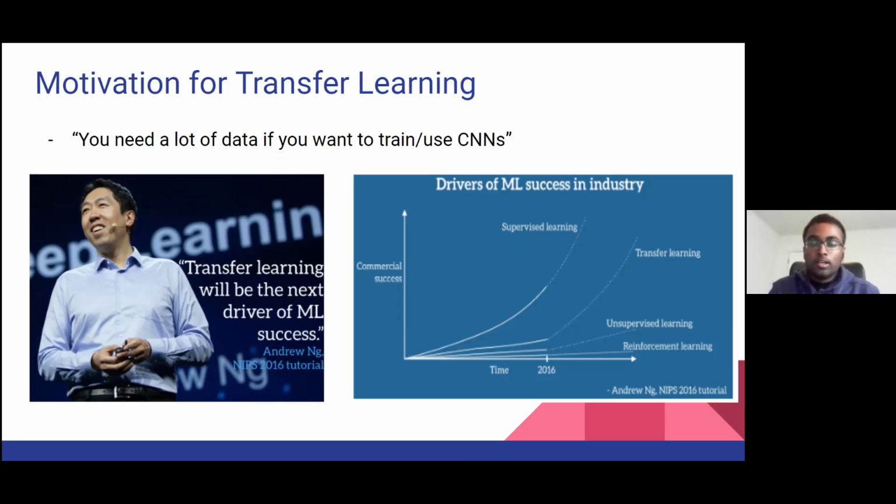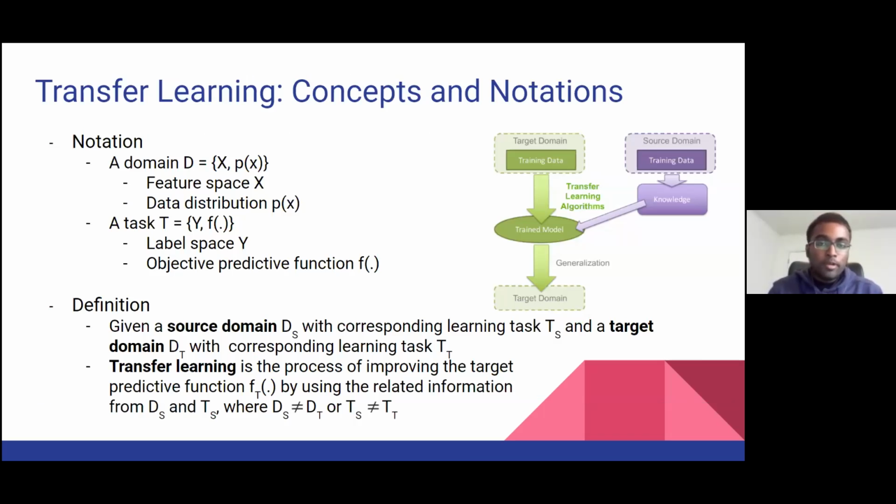So when a model is trained on one data set and then trained on the next data set, it tends to remember some of the features, some of the training data that it saw in the previous one, and that enables it to generalize better. So now let me talk about the concepts and the notations that are involved.